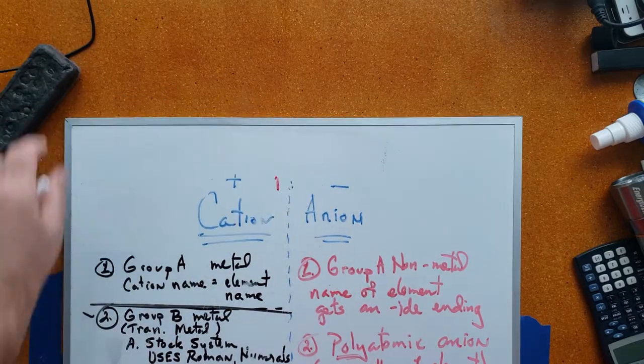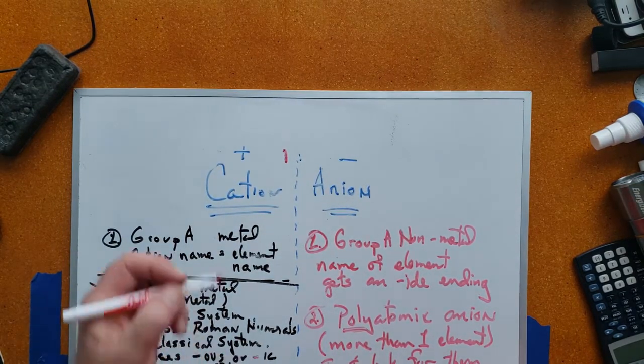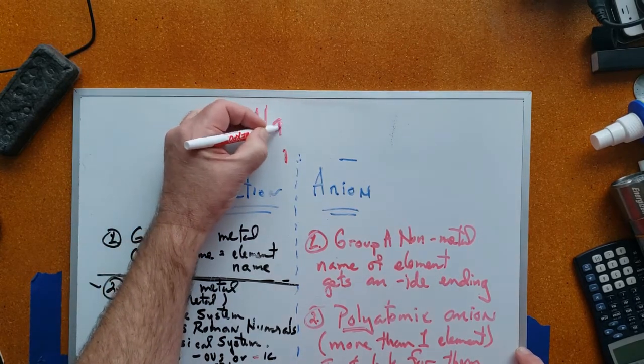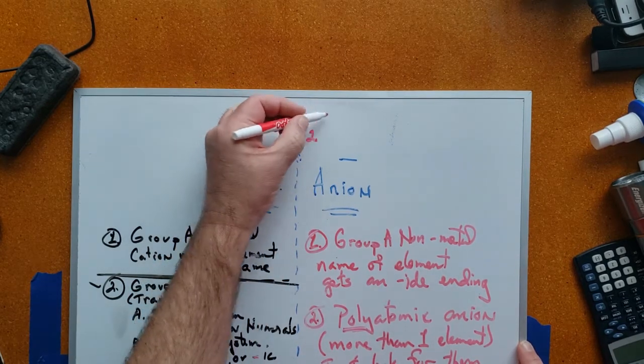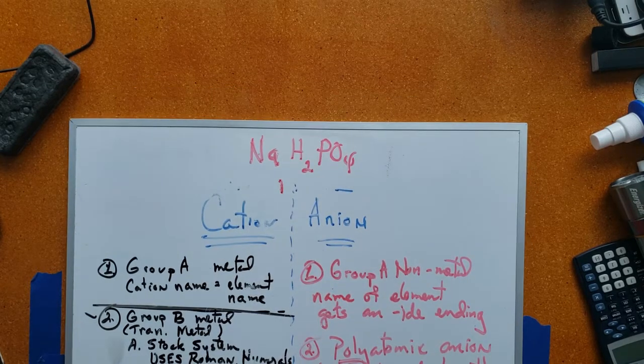All right. And we'll do letter G. Na, and then there's an H2PO4. All right. Where can I slice this formula into a positive half and a negative half?